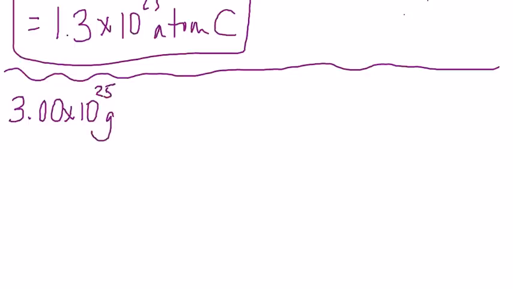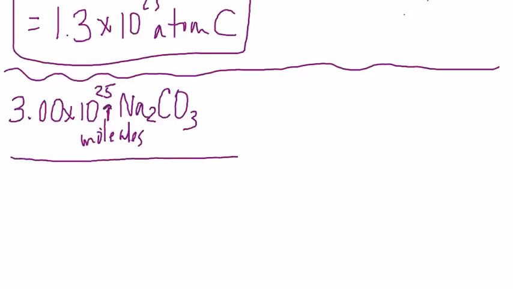Let's pick a compound, sodium carbonate, Na2CO3. If you've got 3.0 times 10 to the 25, I should have started, whoops, mistake. We wanted to start with molecules, not grams, of sodium carbonate. We're going to follow the same process as we did before.